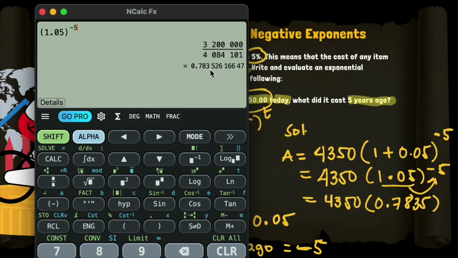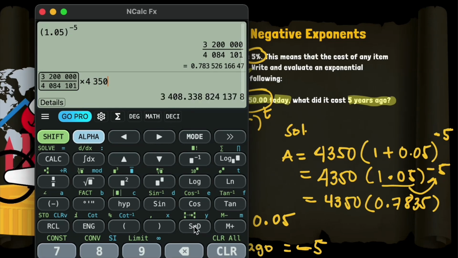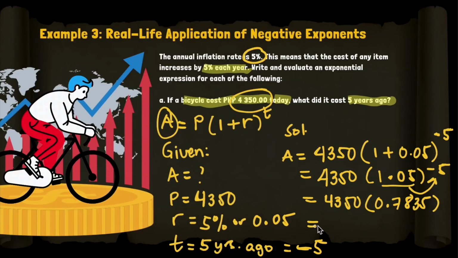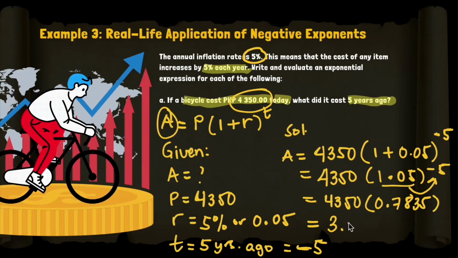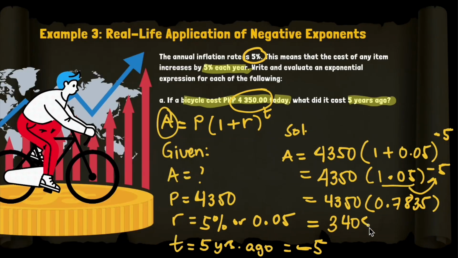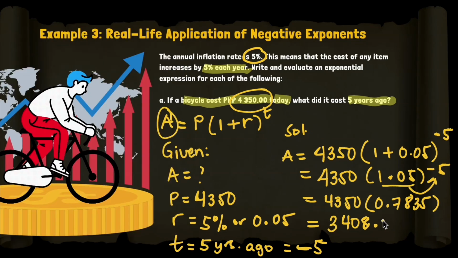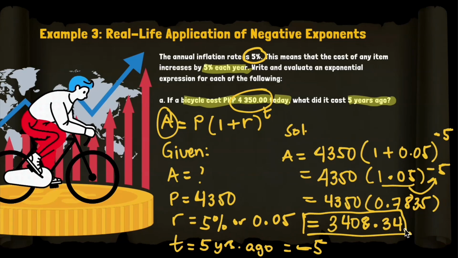This is what I am saying, 0.7835. When we multiply that by 4350, we get the actual answer, 3408.338. And if you have a calculator like this, you can go straight: 4350 times 1.05 raised to negative 5. Okay, this is the value, which is 3,408.34. So this is going to be the value of the bike 5 years ago.